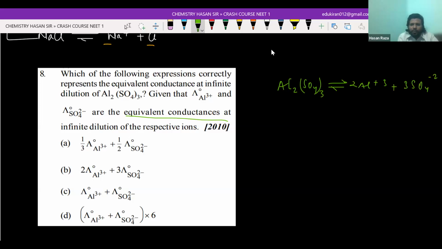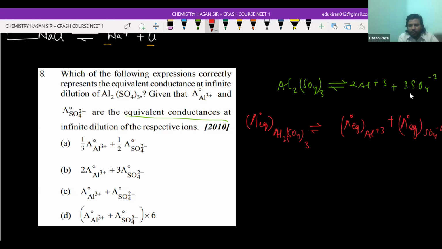If you write the value of lambda equivalent of Al2(SO4)3, it will be lambda naught equivalent of Al plus 3 plus lambda naught equivalent of SO4 minus 2. You don't need to multiply by 2 and 3 for aluminum and SO4 minus 2 respectively.